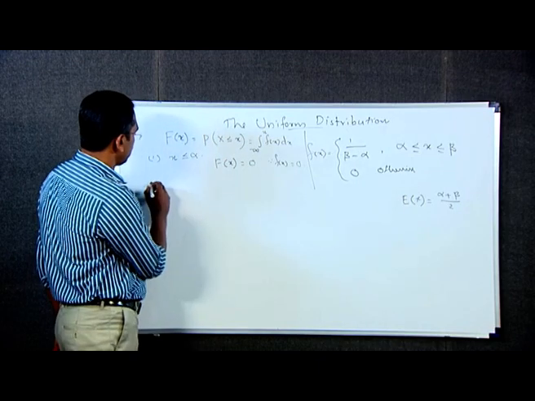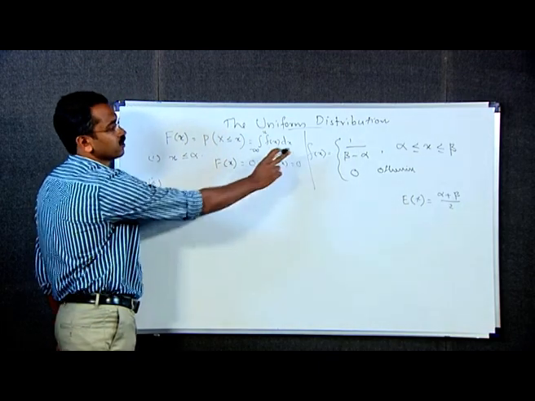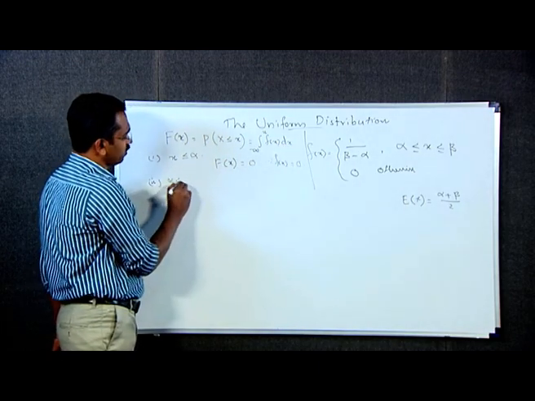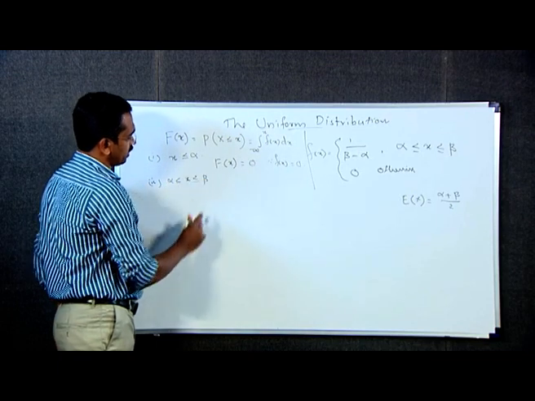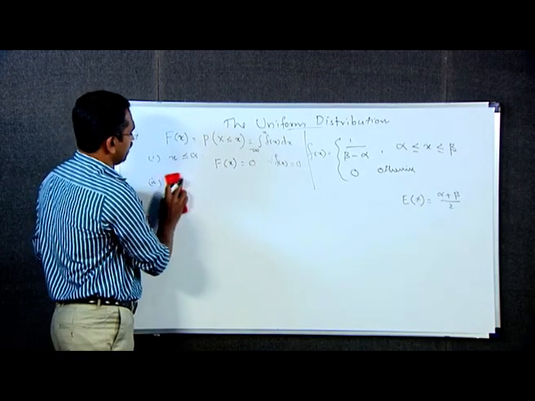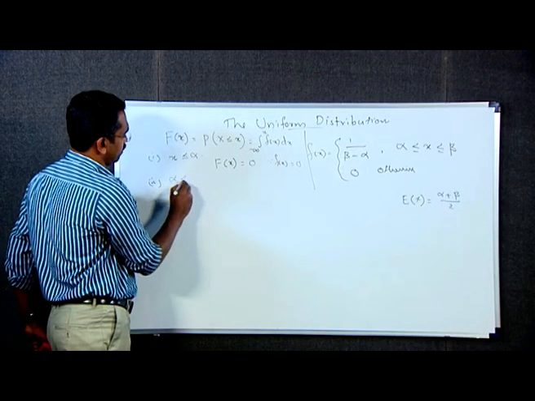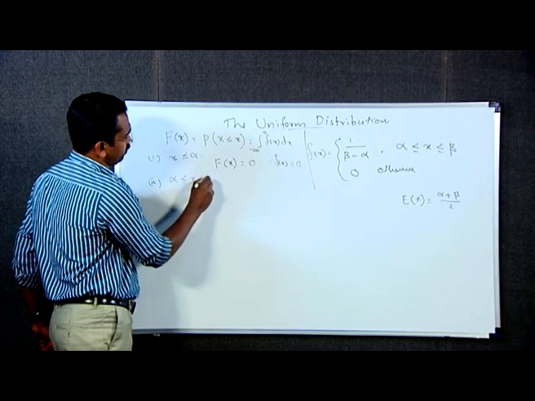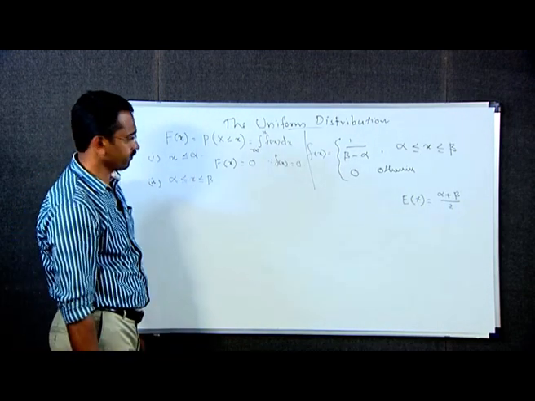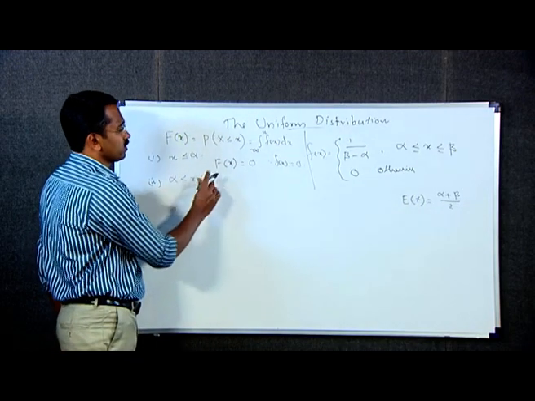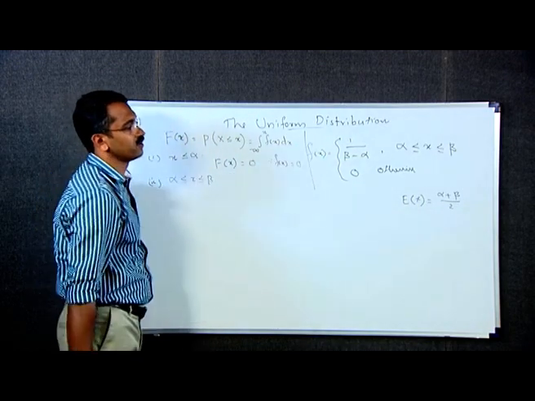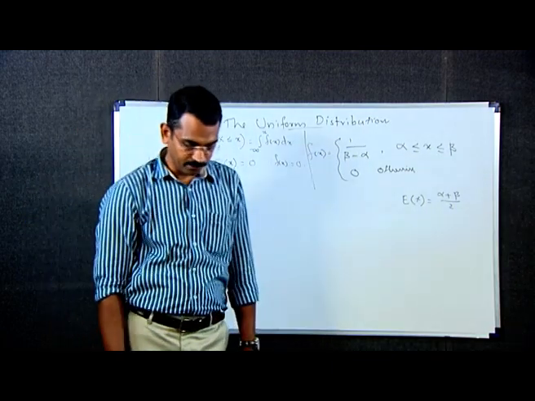Now, we consider the second case as alpha less than or equal to x less than or equal to beta. X lying between alpha and beta, including alpha and beta. In this case, the function is defined as 1 by beta minus alpha.